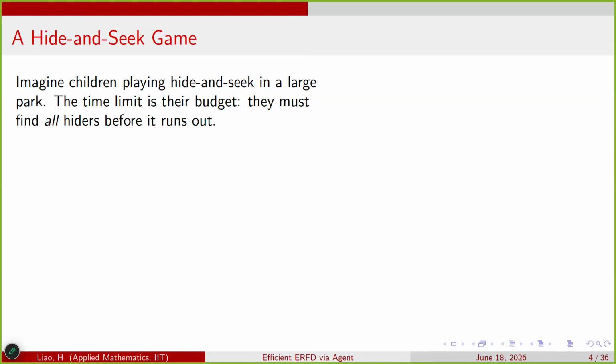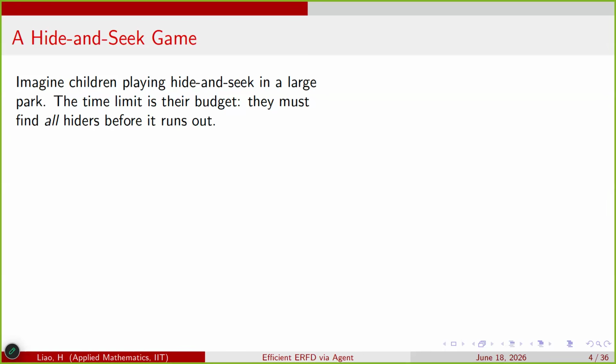What we are trying to do is we must find all the hiders before the time runs out. So it means we cannot explore every space in a very large park, right? Let's think of Disneyland. There's no way you can go to all the corners of Disneyland in 2 hours.